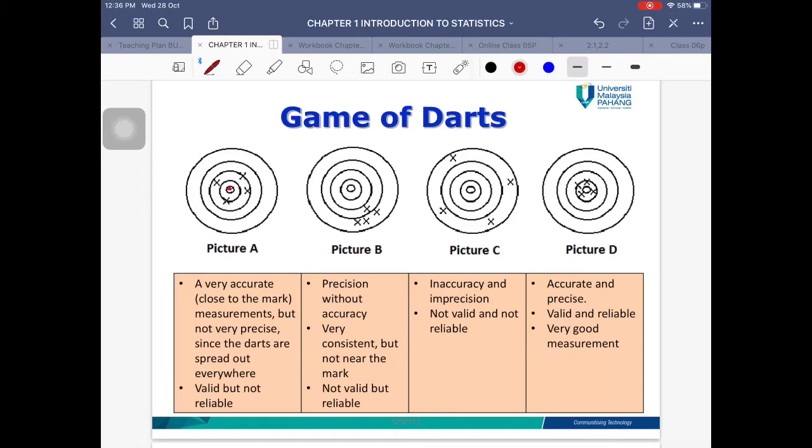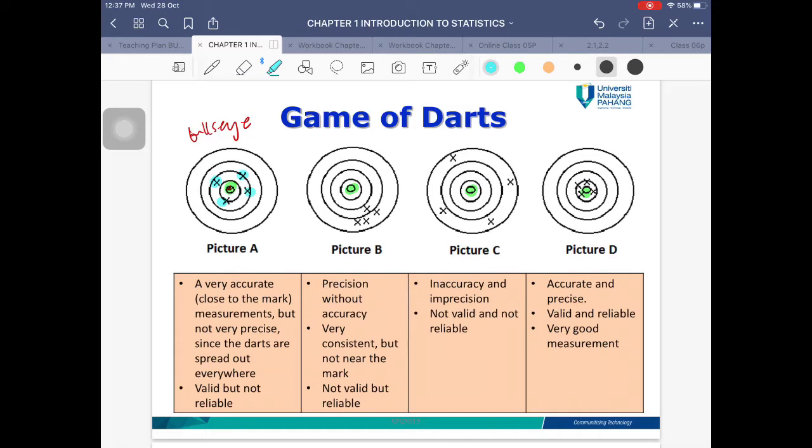I'm going to demonstrate by using this game of darts. This is the board, and the middle here is called the bullseye. This is where we want the dart to hit, right in the middle.